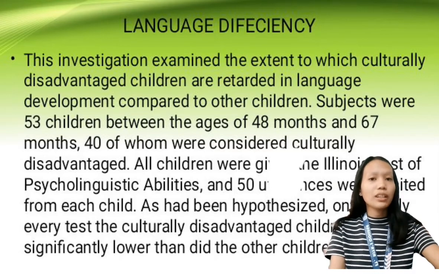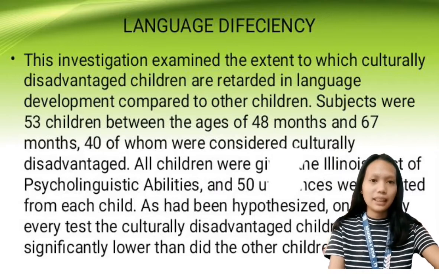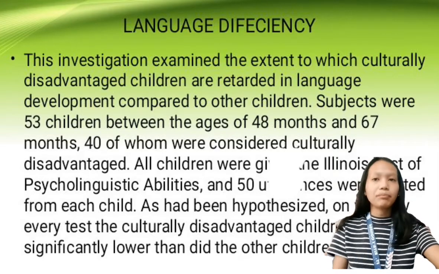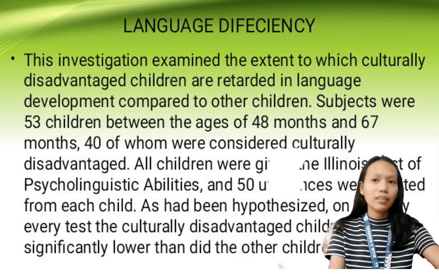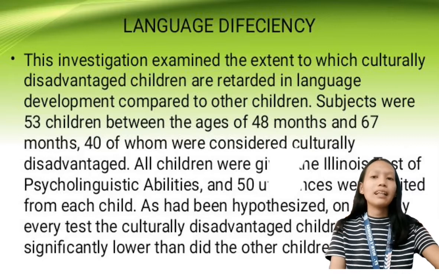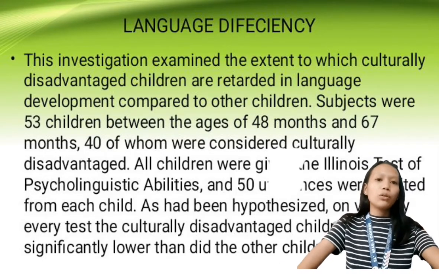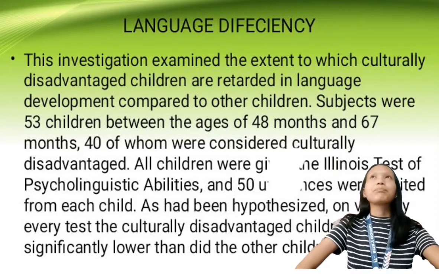All children were given the test of psycholinguistic abilities and 50 utterances were elicited from each child. As had been hypothesized, on virtually every test, the culturally disadvantaged children scored significantly lower than the other children. So the culture really affects the children's study.